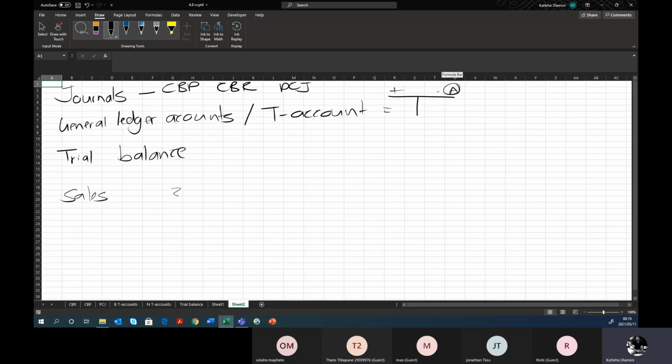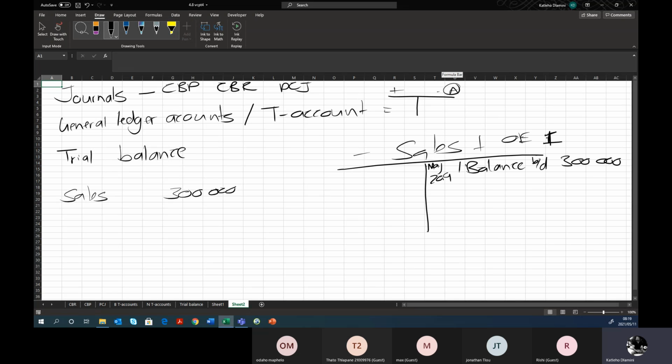When you open your sales T account, you'll say under, so let's go with May 20.9, the first always balance brought down 300,000. So you do it like that. So you must always look if you have a trial balance at the beginning of the month or the year, and you must take those amounts and you must transpose them. Okay, fine. Let me just remove that.